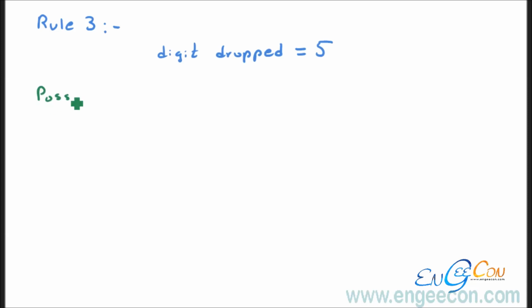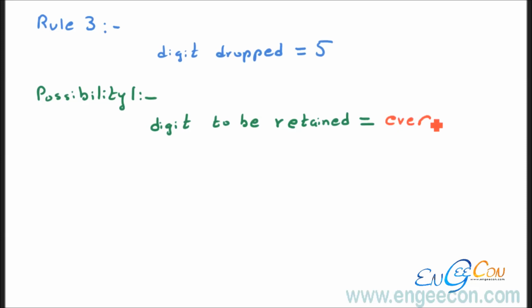Possibility number 1: if the digit to be retained is even, then just drop the 5.